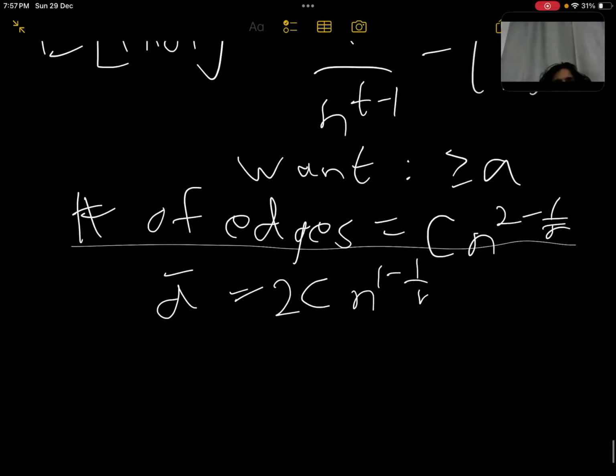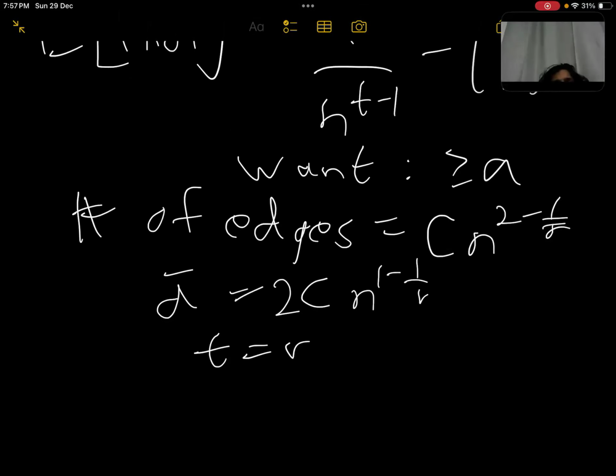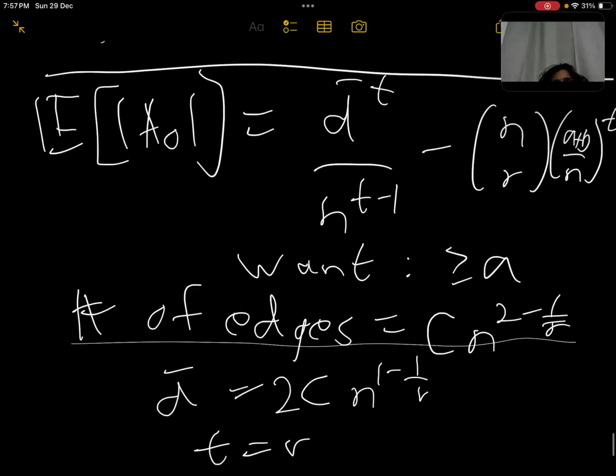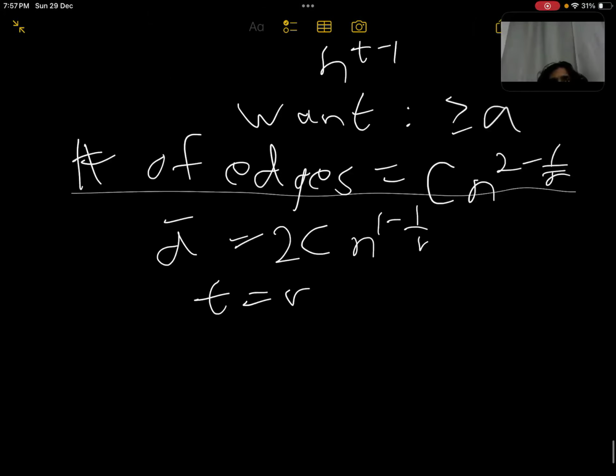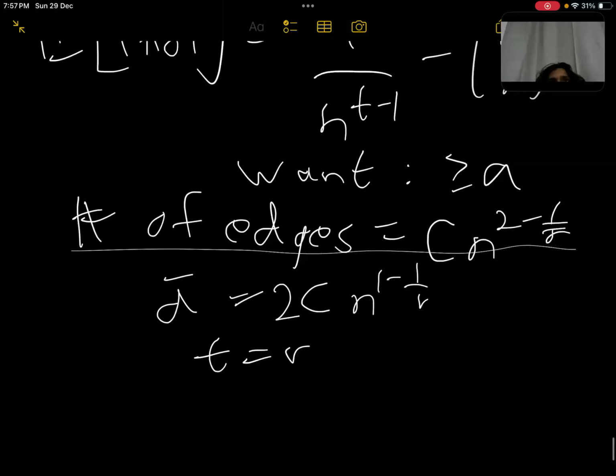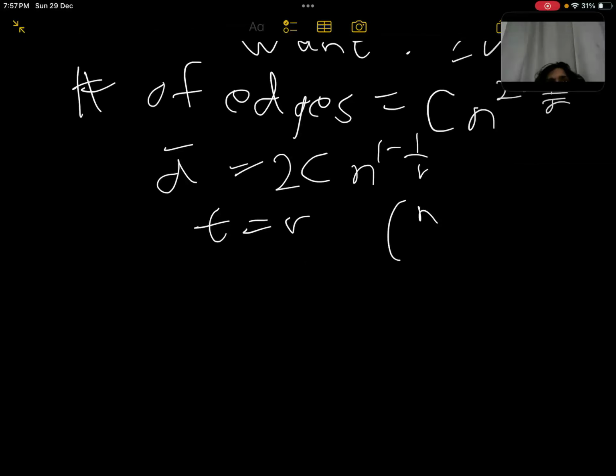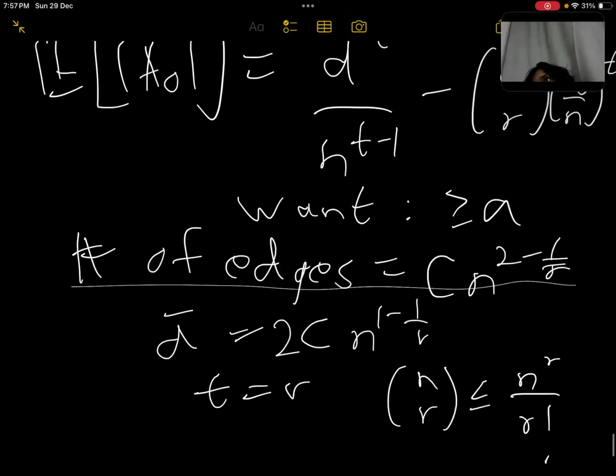And we choose t equal to R. Now, we have not chosen small t yet, but if you do some optimizations, we see that t equal to R is in fact the best choice. And we use the bound that n choose R is at most n raised to R by R factorial. That will give you a lower bound.